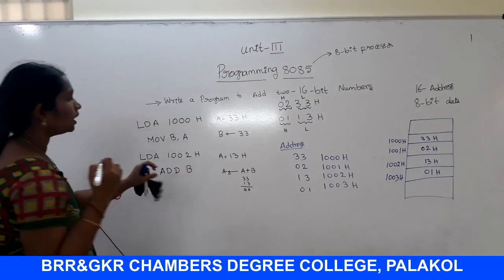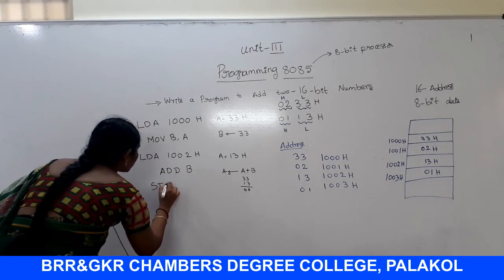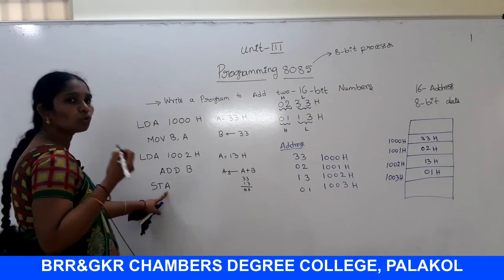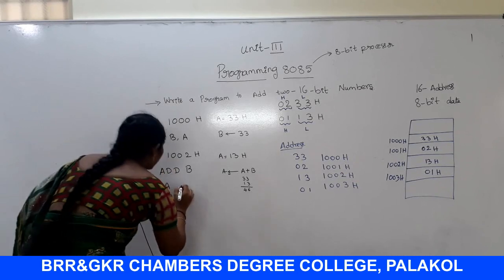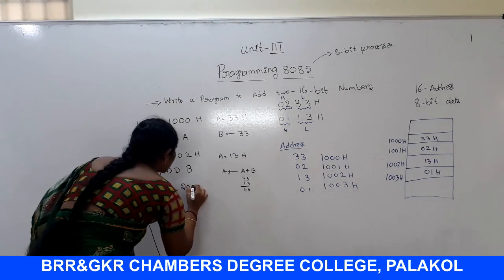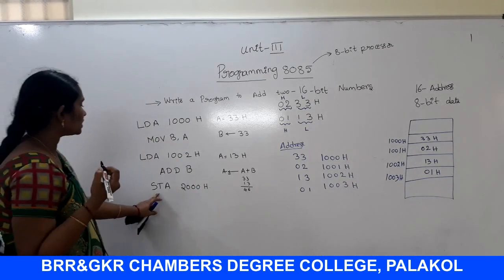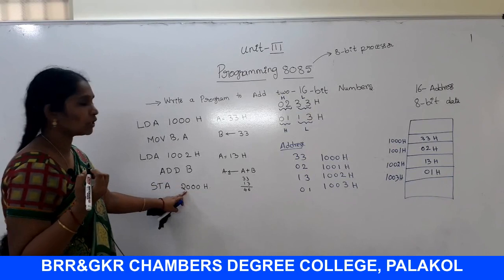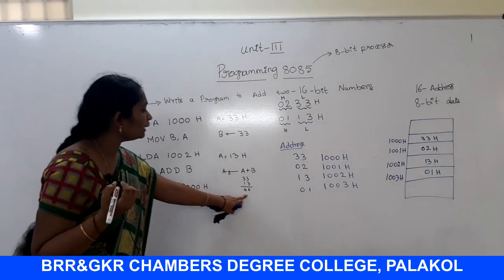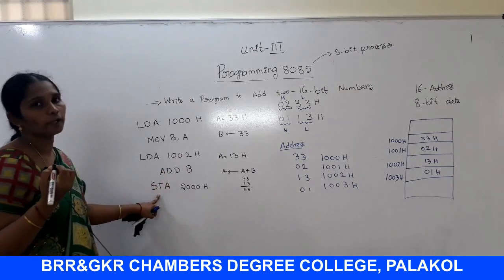So you have to store the accumulator, that is STA, store accumulator, at another address location. I consider the address location 2000H here. The meaning of this instruction is that in the 2000 address location, whatever the result of the addition is, that result is stored.